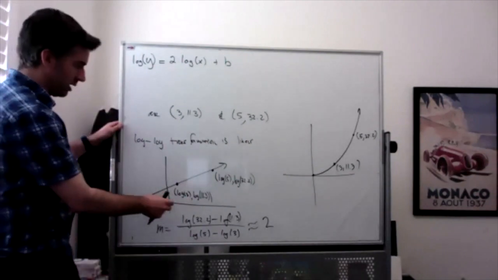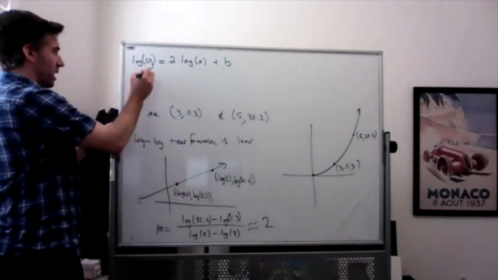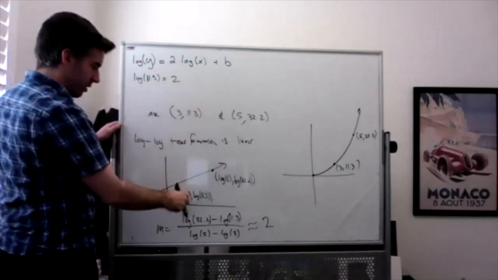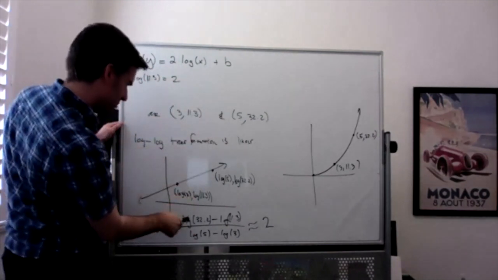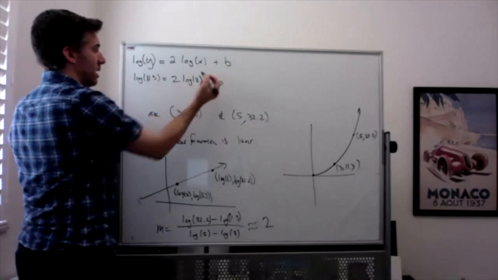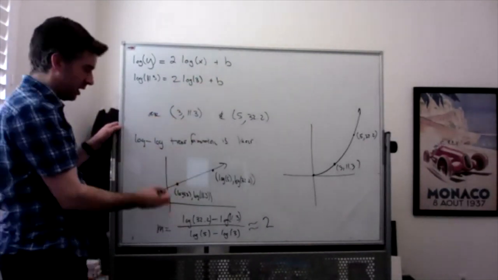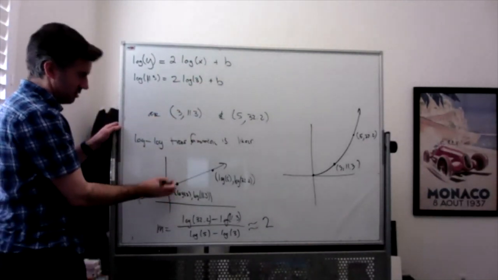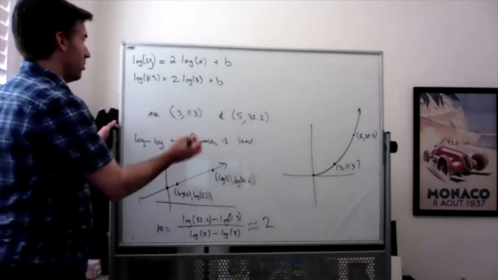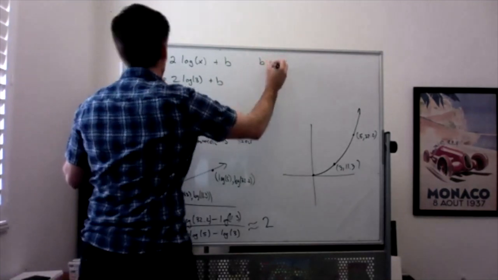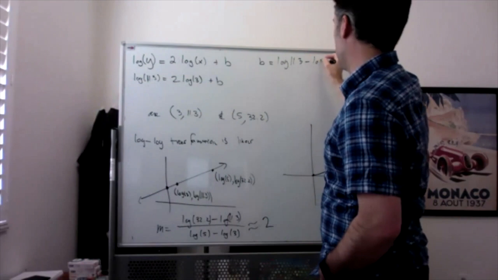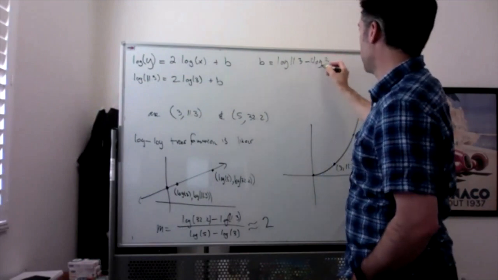You could plug in 11.3 for y, and 3 for x, and solve for b. Solving for that intercept value actually takes a little bit more work. So b would be equal to log of 11.3 minus 2 log of 3.